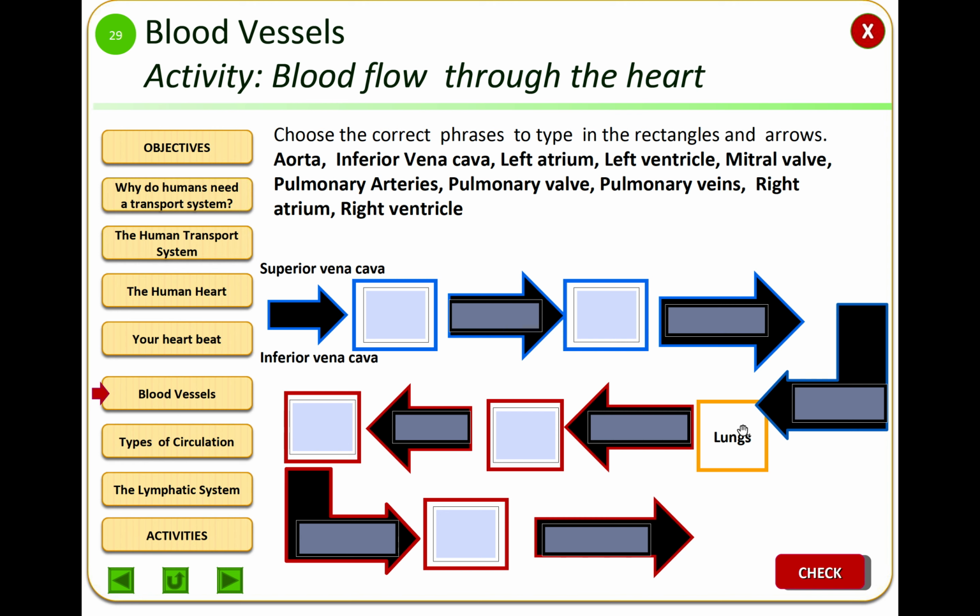The lungs will collect the blood back by the pulmonary vein to the left atrium, and the left atrium to the left ventricle, and the left ventricle will pass all of the blood that contains oxygen to the aorta, and the aorta will pass it to the entire body system.